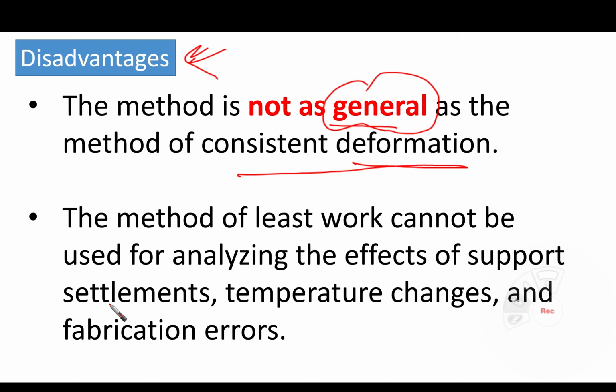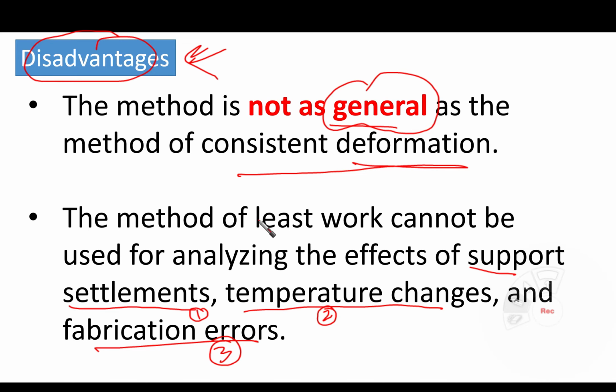For example, support settlements, temperature changes, and fabrication errors are three different applications that are not suitable for the method of least work. So this is considered to be the main disadvantage of our method.